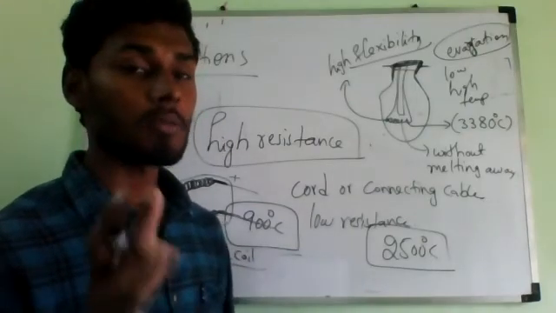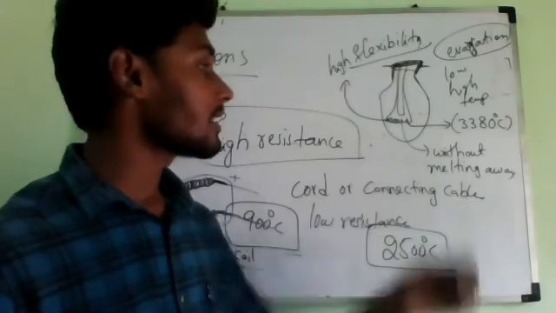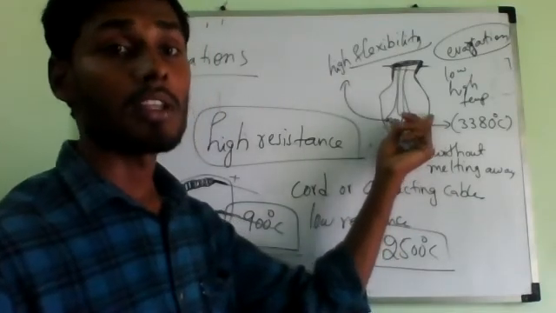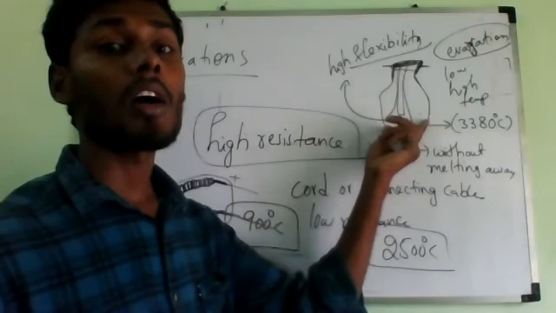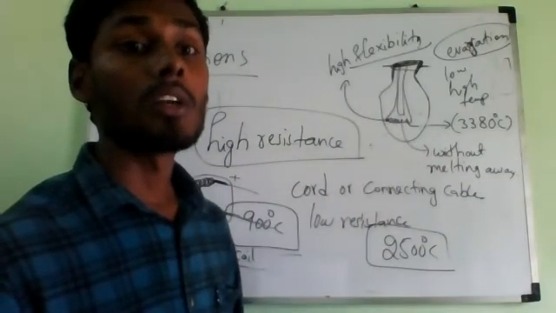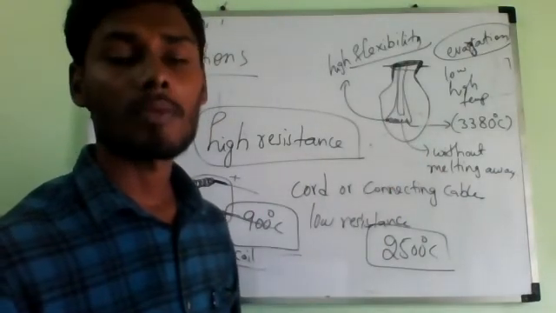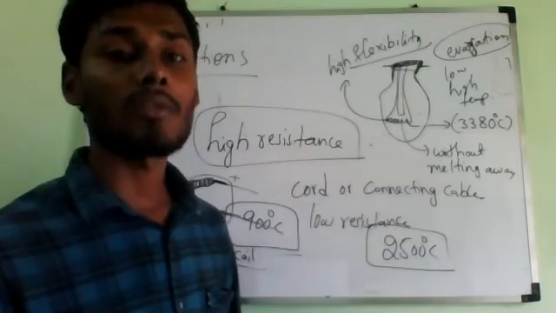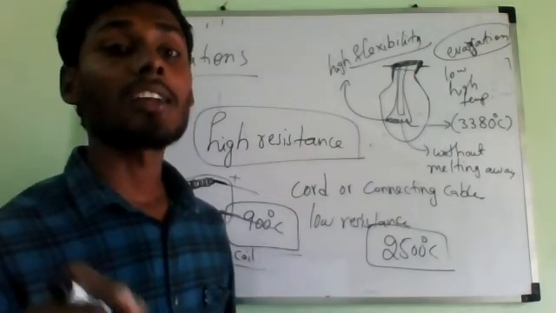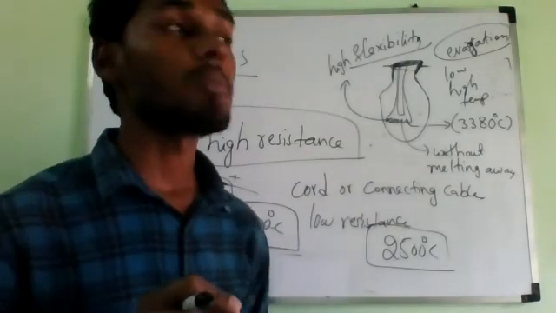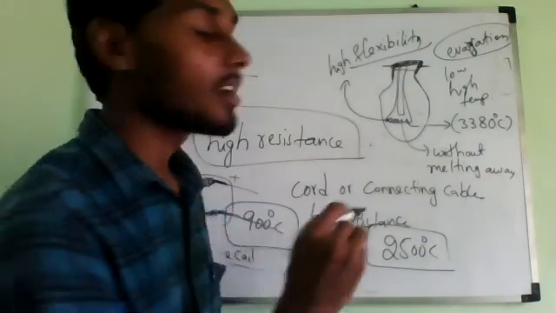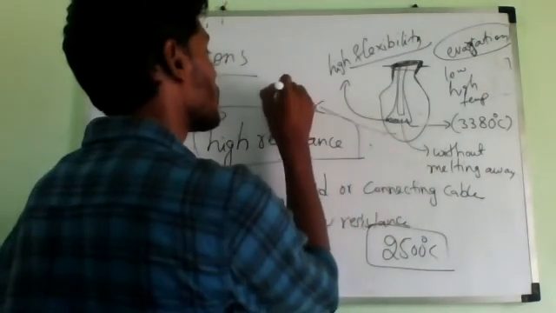If air is present inside this electric bulb, then what is going to happen? The extremely hot tungsten filament would burn up quickly in the oxygen of the air, because a chemical reaction will take place. So the electric bulb is filled with a chemically unreactive gas like argon or nitrogen.